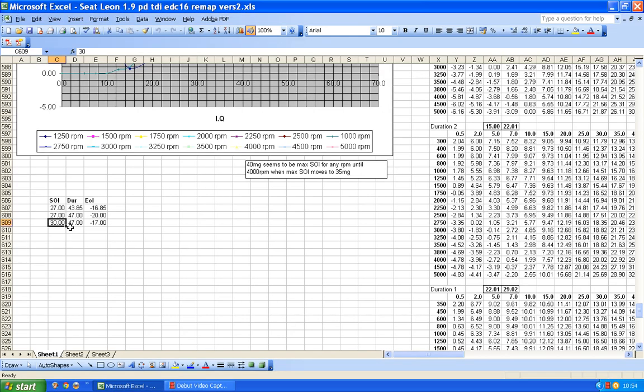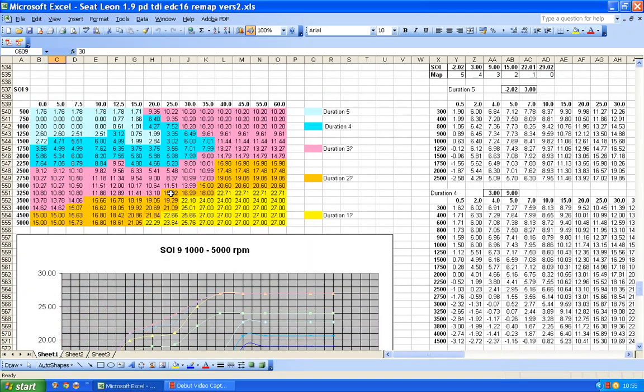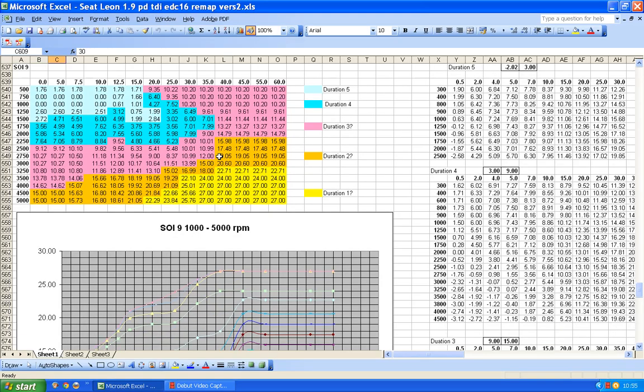So in other words, you say to yourself, well, if I make that 44, 45, I'll move this one to 28. So I will make those two changes together. When it comes to making changes to start of injection, the changes that you might want to make are very, very minimal.